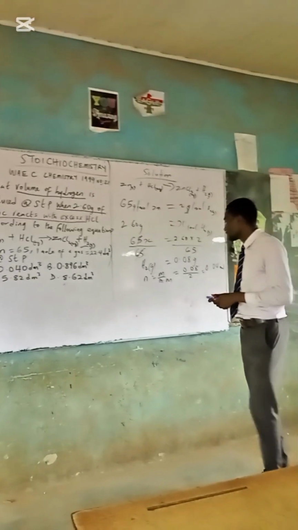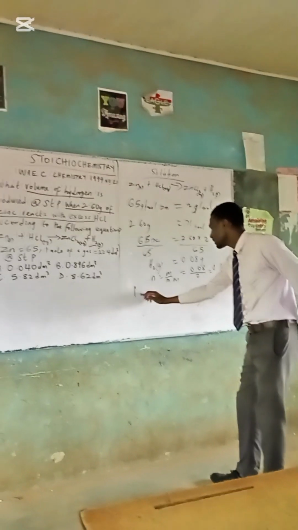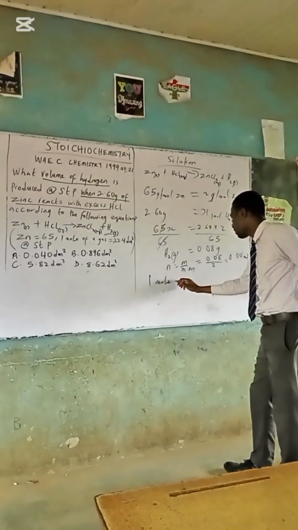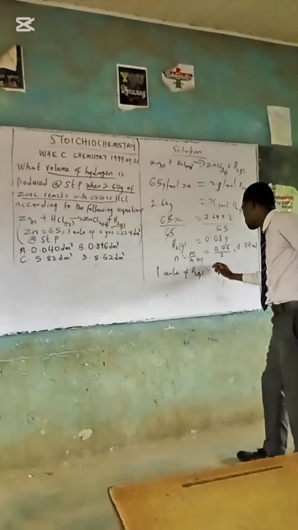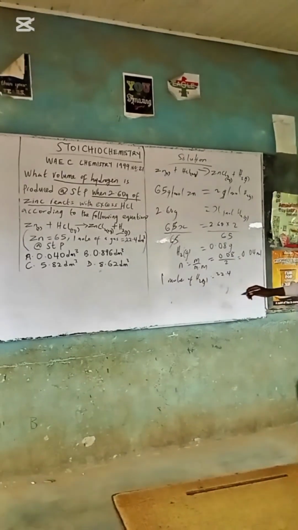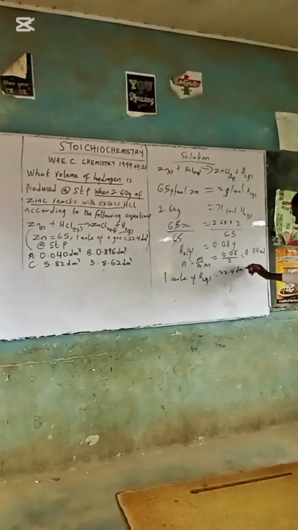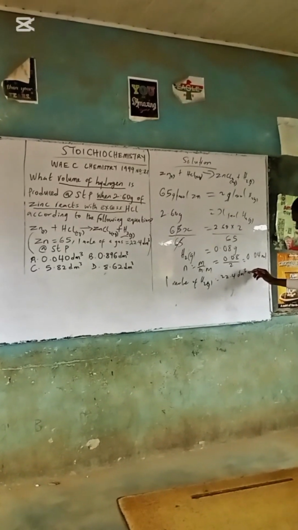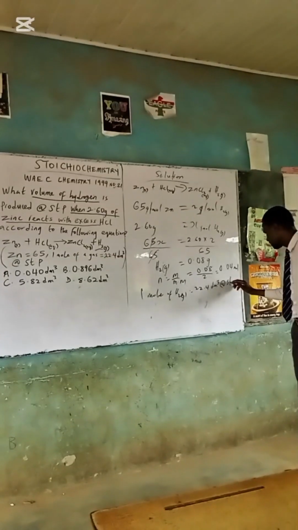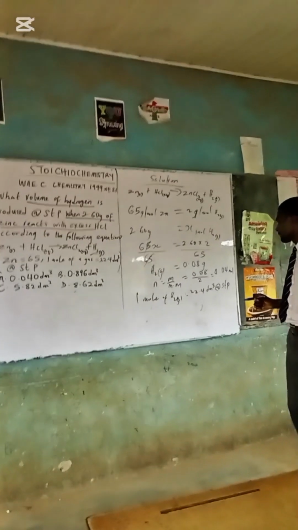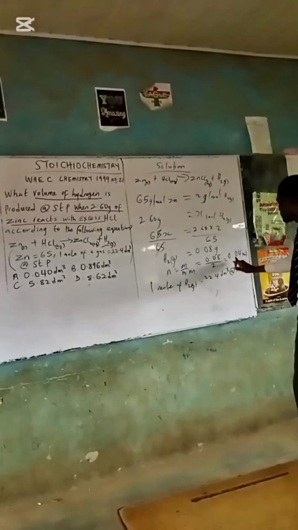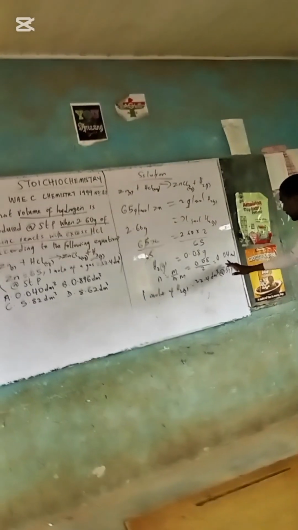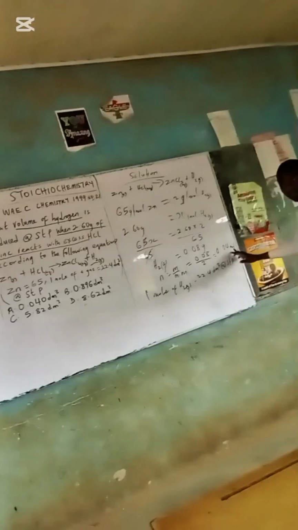Now, to get the volume of hydrogen, 1 mole of any gas, and 1 mole of hydrogen gas equals 22.4 dm³ at STP. We just got the mole of hydrogen here.